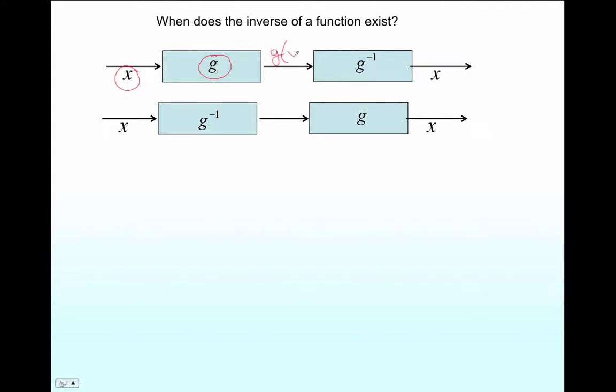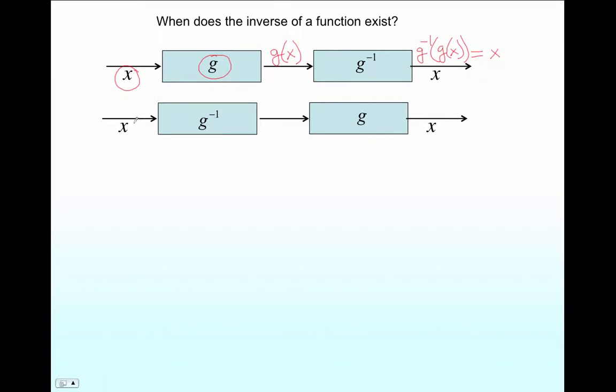Out comes g of x, and this number goes into the inverse function g inverse, which leads to g inverse of g of x coming out, and that has to equal x by the definition of the inverse.